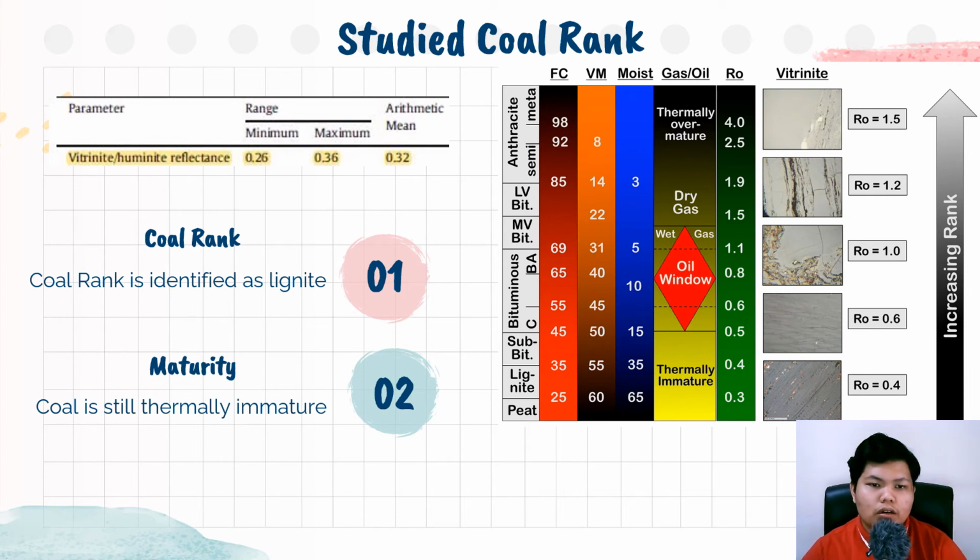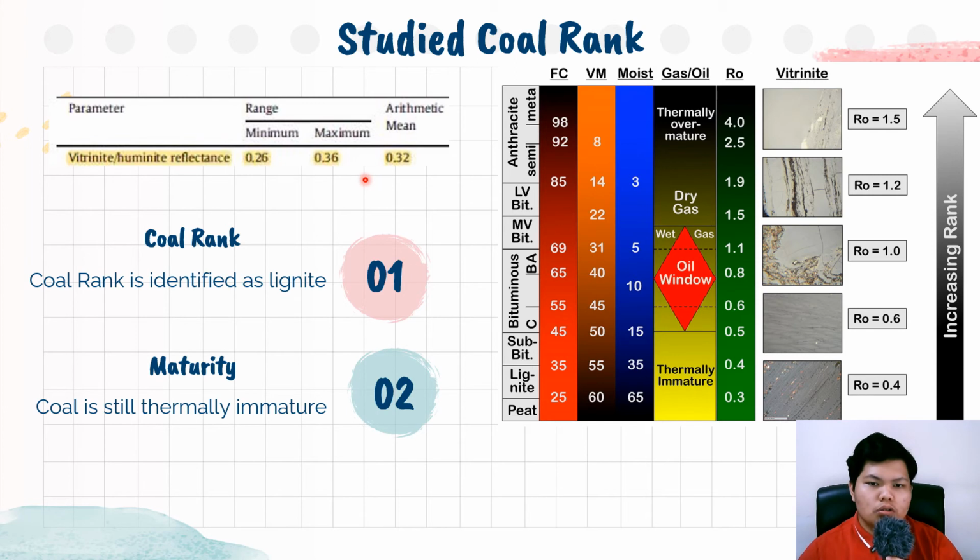With the data from the table that I have explained earlier, the vitrinite reflectance percentage minimum is 0.26% and the maximum is 0.3%, and the average value is 0.32%. With this data, we can identify the coal rank and the maturity of the coal that we have studied.